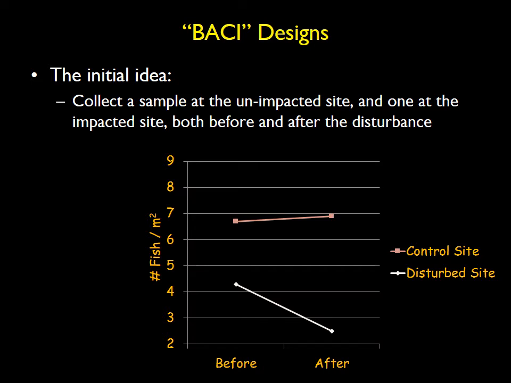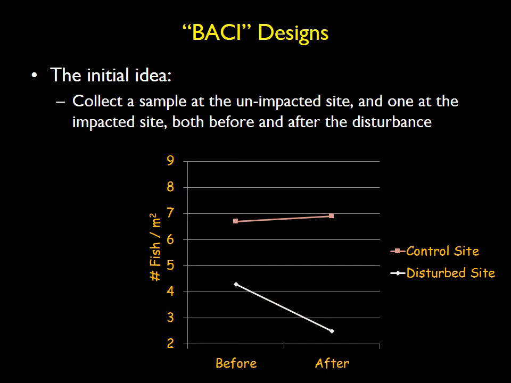So as I mentioned, the whole idea is that we collect a sample at the unimpacted site and one at the impacted site before and after the disturbance. So I'm going to share an example that we did using fish density. I'm just making up a hypothetical case here. So let's say before the disturbance, there were more fish at the control site than the disturbed site.